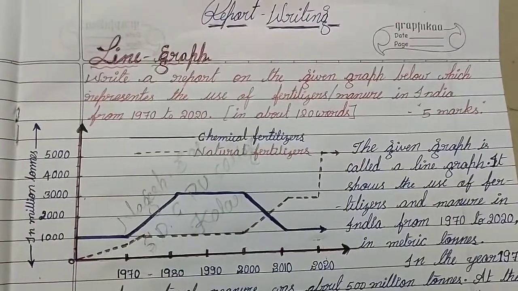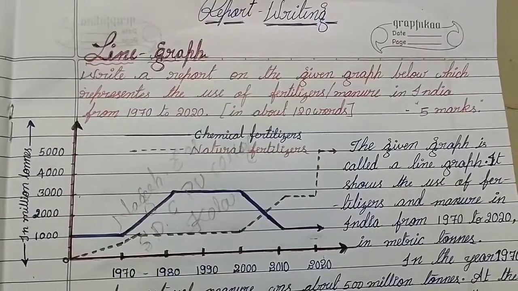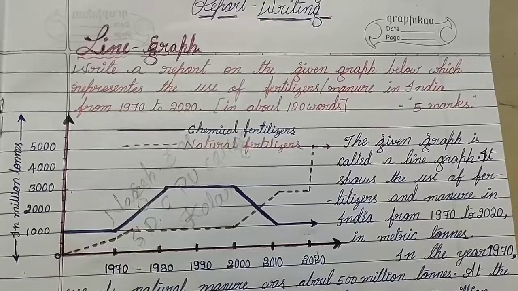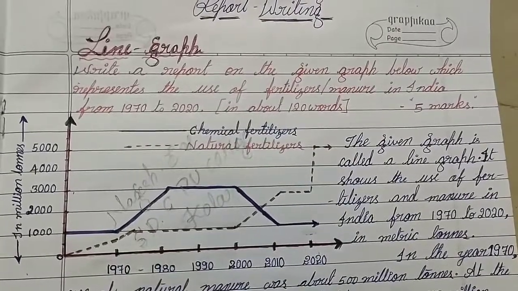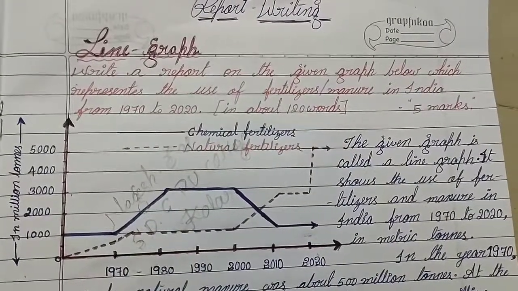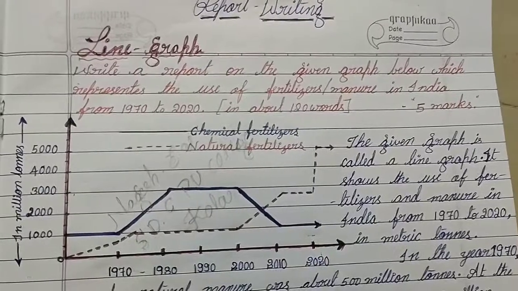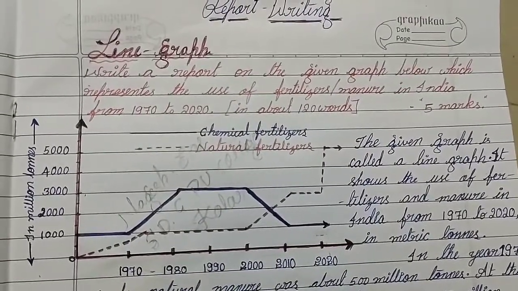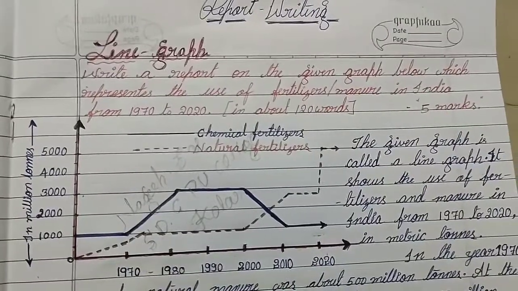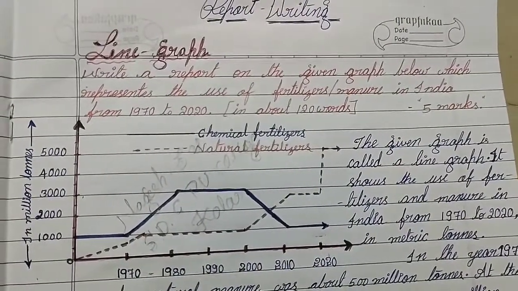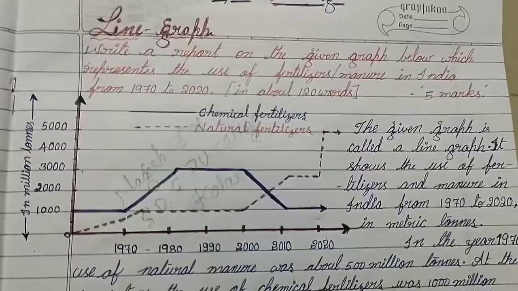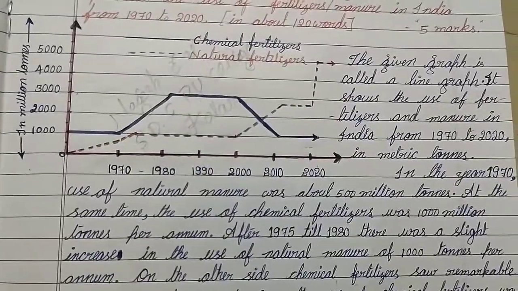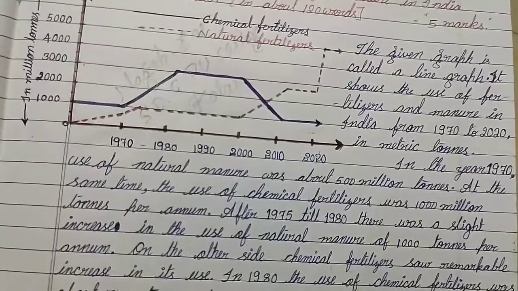It shows the use of fertilizers and manure in India from 1970 to 2020 in metric tons. Whatever we observed on the standing line, the sleeping line and the data, meaning what has been used by the farmers, all together we give in the introduction part. Got it? Once we are clear with the introduction part, we can start writing the description.